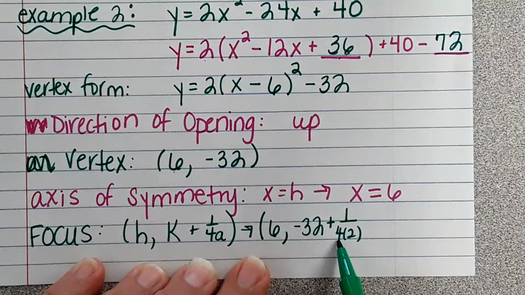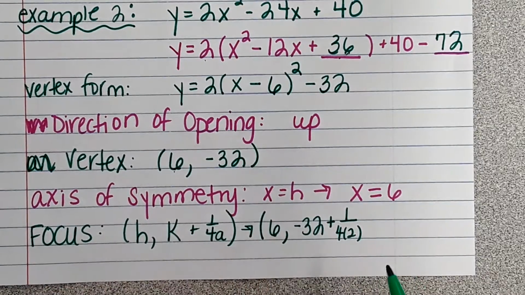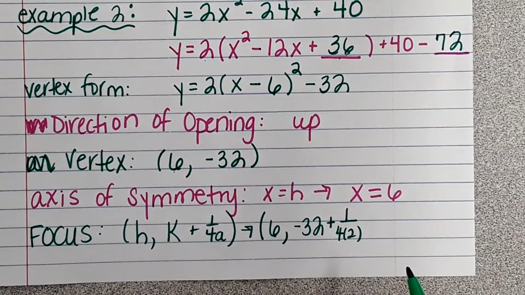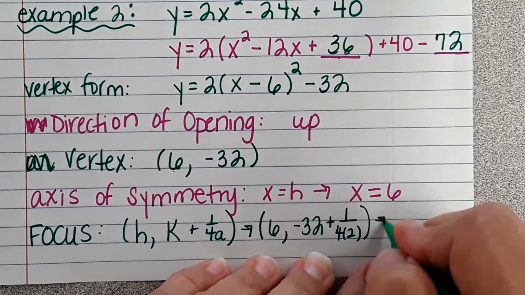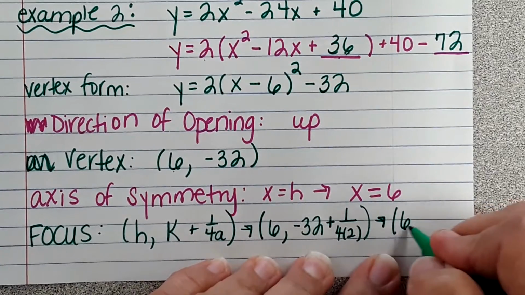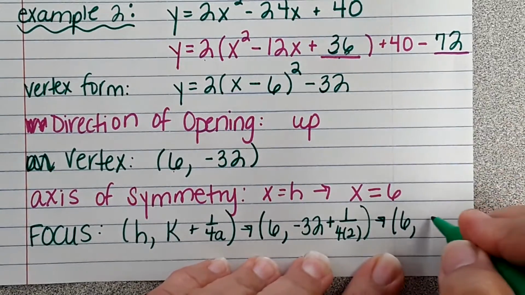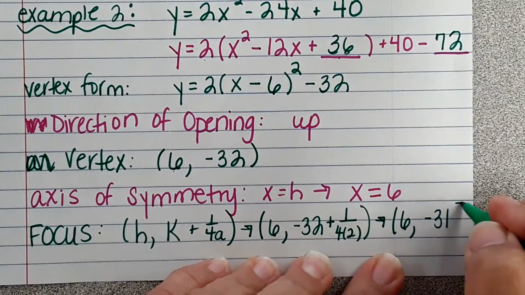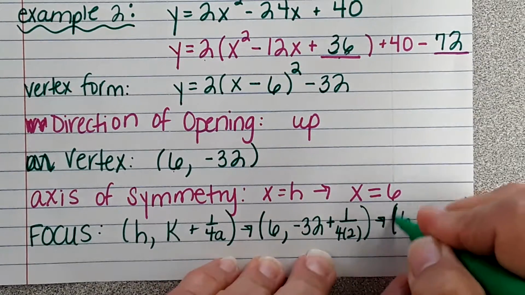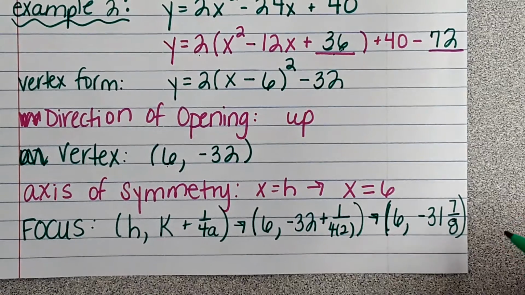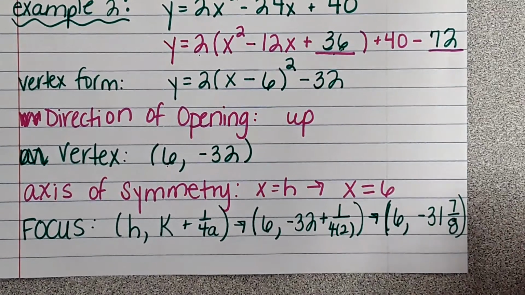That 4 is always there. Our 2 is our a. So you guys, it's always going to be 1 over 4 times something, and the something is always a. And our focus will be (6, negative 31 7/8). So just like the vertex, the focus is a point as well.